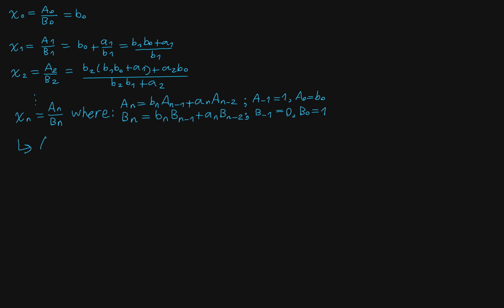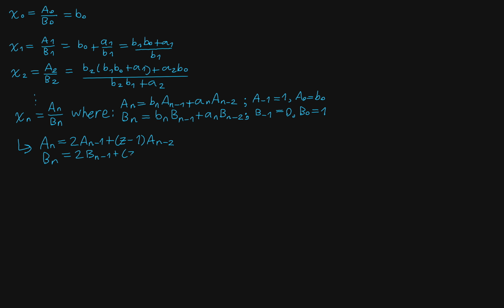For ours, it's going to be an is equal to 2 times an minus 1 plus z minus 1 times an minus 2. And then we have bn equal to basically the same recurrence.